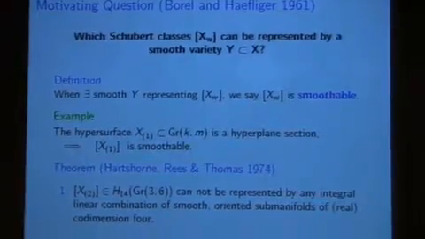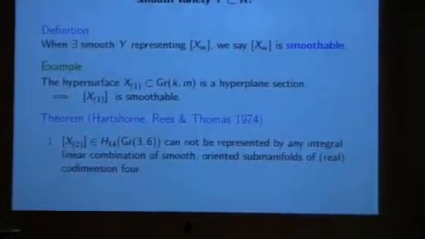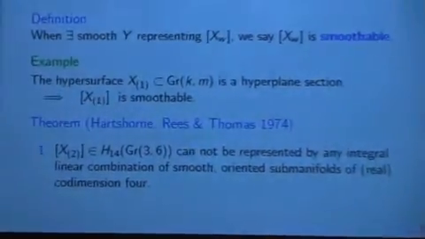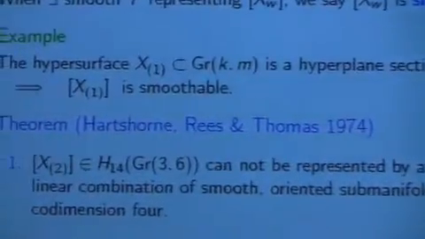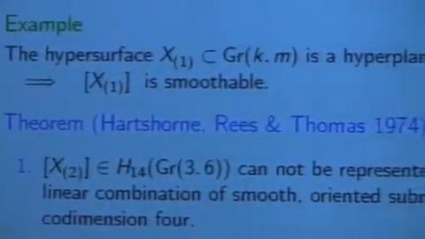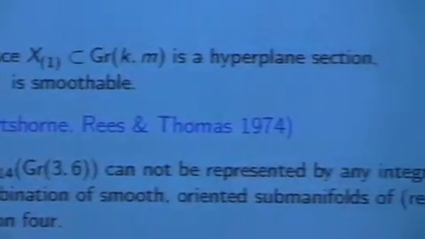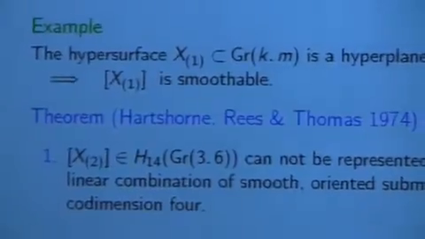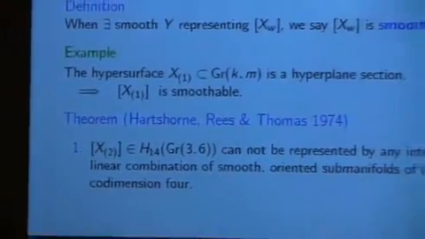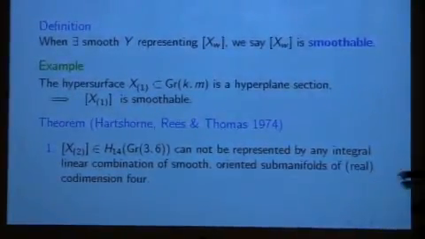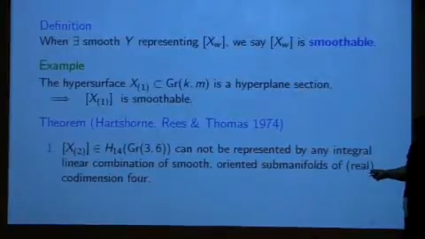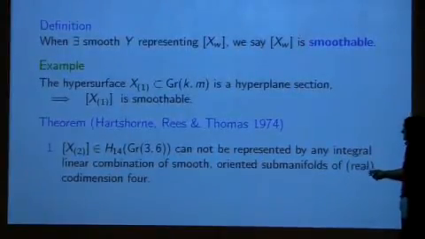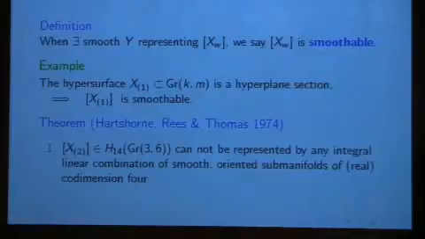Okay. So Hartshorne, Rees, and Thomas looked at this problem, and they showed that in spite of the fact that we can smooth the hypersurface Schubert variety, there are examples of Schubert varieties that cannot be smoothed in any reasonable sense, even if you step outside of the category of a smooth subvariety and just allow yourself a real oriented submanifold.